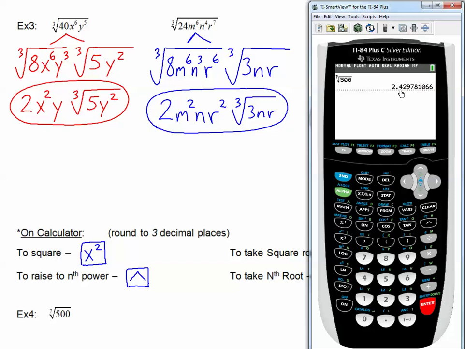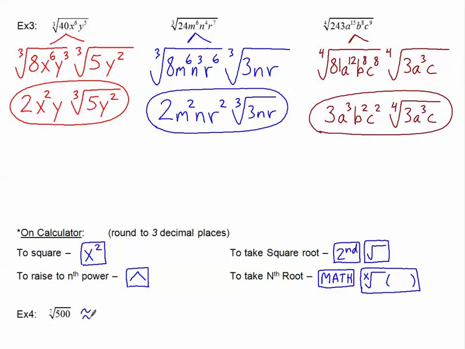So I've got 2.429, but to the right of the 9 is a 7, which means that the 9 has to go up, but since 9 can't go up anymore, 29 will go up to 30. So 2.430. I'm going to use my approximate symbol, 2.430. Great. And that's how you can use your calculator.